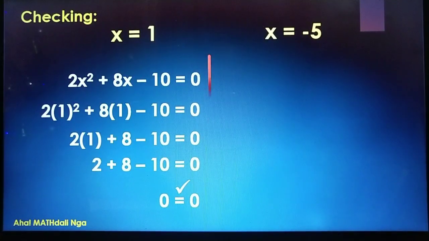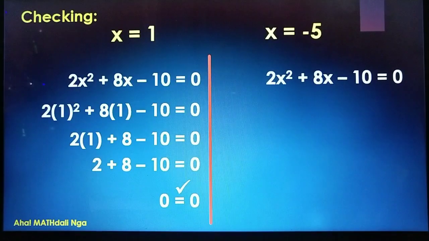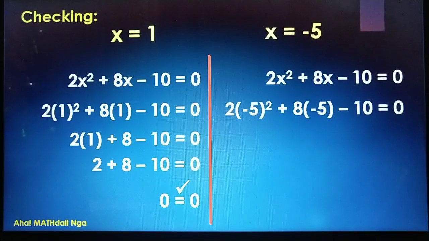How about negative 5? Let's try. 2x squared plus 8x minus 10 equals 0. By substitution, we have 2 times the square of negative 5 plus 8 times negative 5 minus 10 equals 0. Let's simplify.